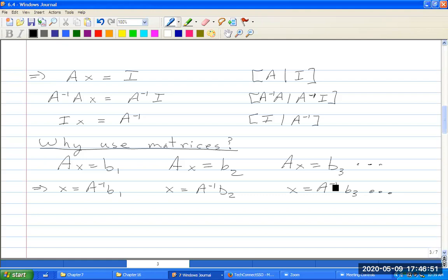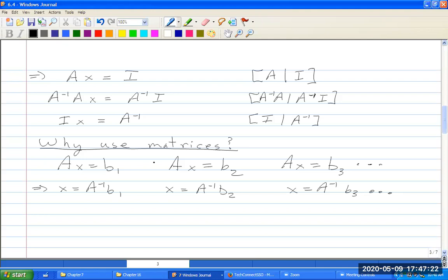So if I know what A inverse is, then all I have to do is multiply by the B's to get the solutions. So if you happen to have a whole bunch of equations where the coefficient matrices are the same and the non-homogeneous matrices are not the same, then to solve these, you just keep multiplying by the inverse of your coefficient matrix.